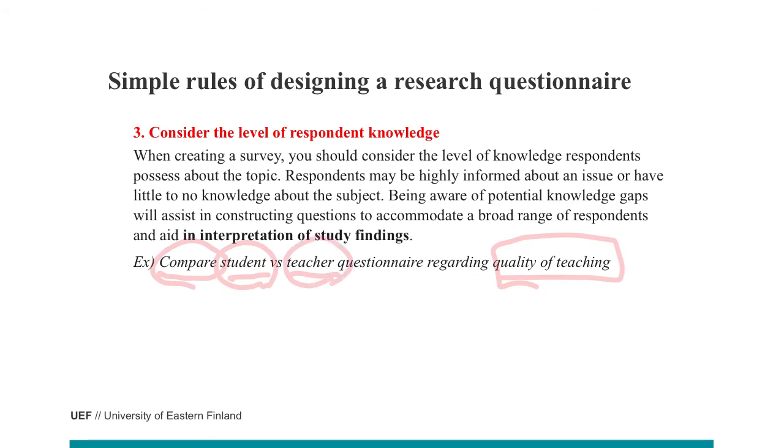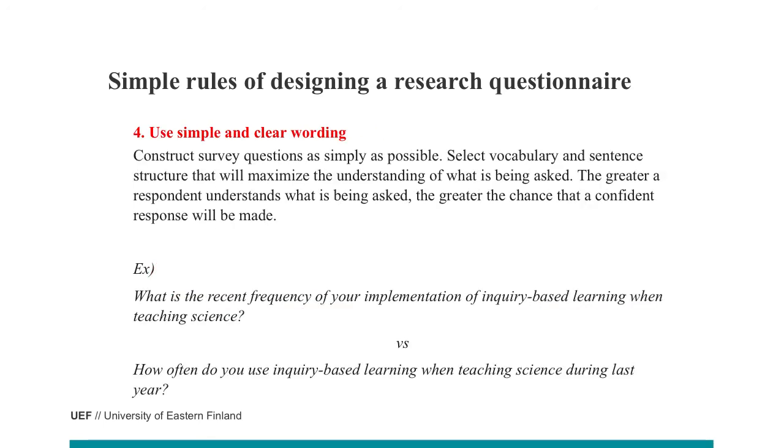The fourth rule is using simple and clear wording. The example is over here. For instance, we want to ask about how often the teachers or the students use certain teaching approaches.